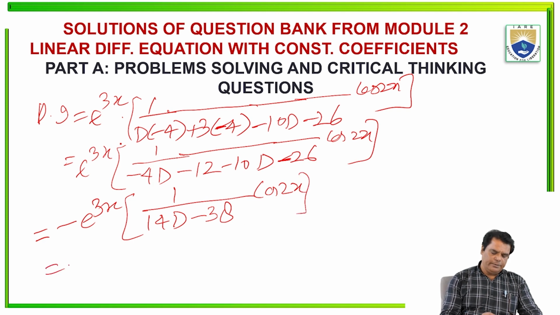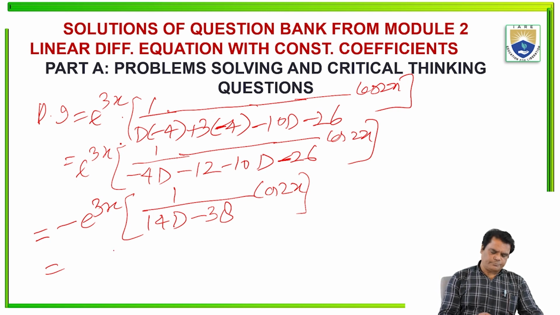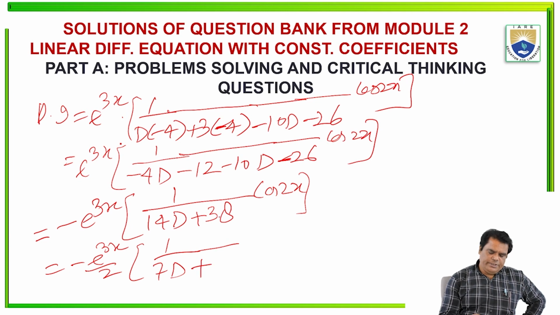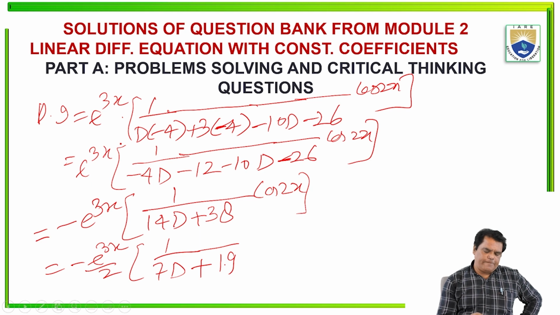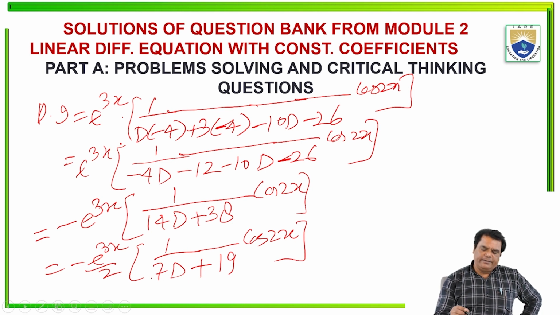Now 2 is common. Minus e^(3x), taking minus common, 2 is common, so 1 upon 7D + 19, since 2 × 9 is 18 (plus 1), and here is cos 2x.